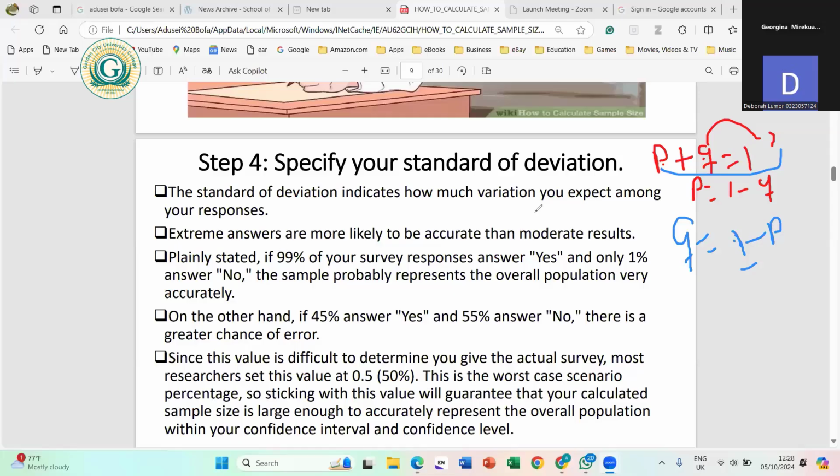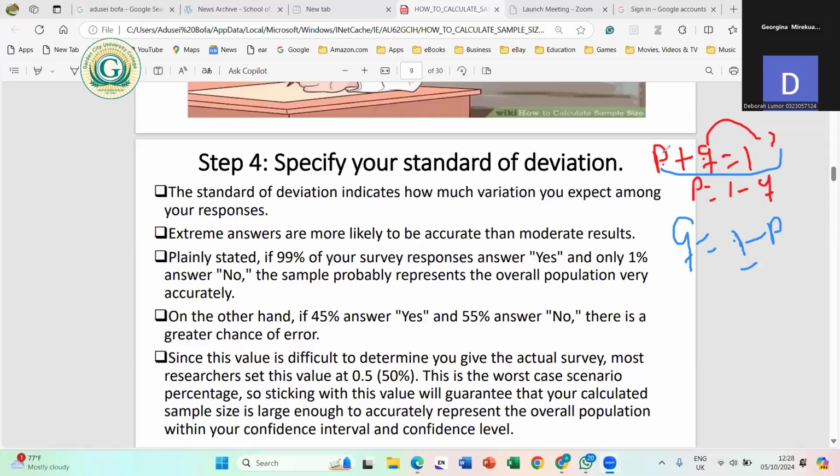Sir, please, I wanted to ask if the P and the Q are constant values or you are just using them for illustration? P and Q are just letters. I'm saying that P stands for those who are experiencing it, and Q stands for those who are not experiencing it. So it's not a matter of a constant, like a figure 3, 4, whatever.